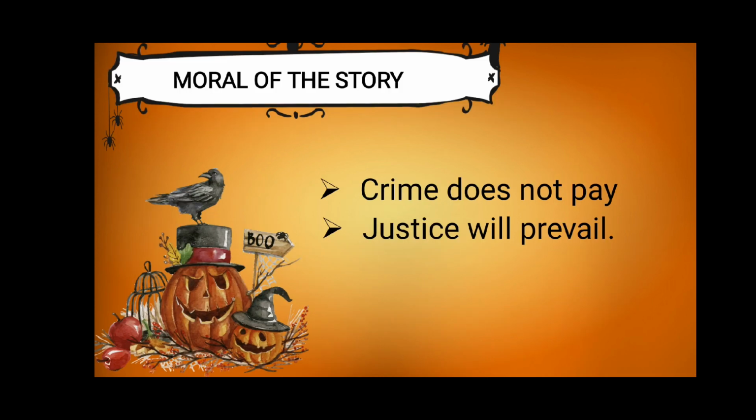So now, for the moral of the story: crime does not pay and justice will prevail. So it basically means that punishment is what will eventually come to someone if he continues a life of crime. Of course, is it possible that somebody will get away with crime for a while? Yeah, definitely.